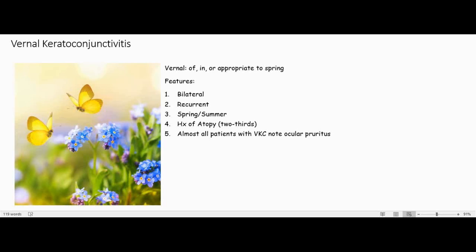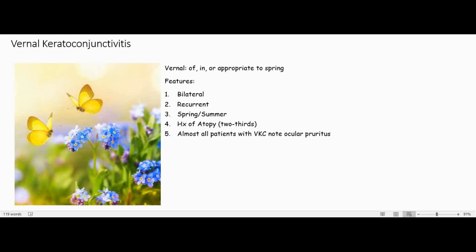So vernal keratoconjunctivitis is a type of allergic conjunctivitis which most commonly affects boys who live in dry and hot climates. So why the use of the term boy? Why not male? It is because mostly the affected people are in the age range of 5 to 15 years of age. So mostly children and adolescents are affected by this particular condition.